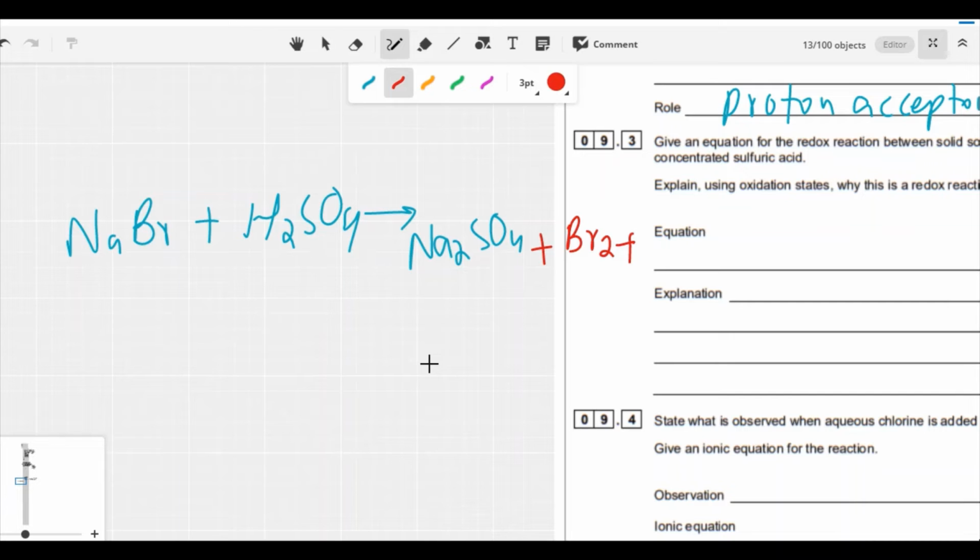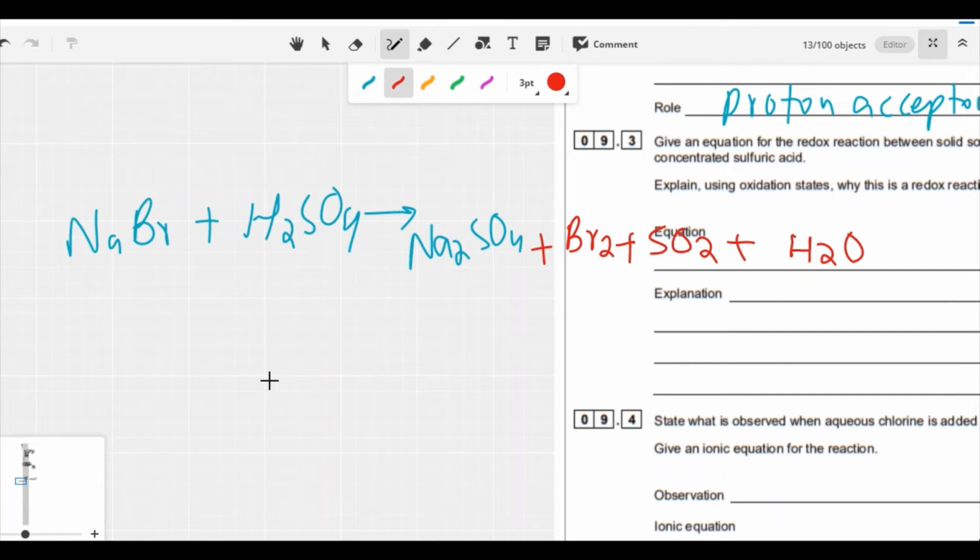The third one is sulfur dioxide gas, and the fourth one is water, because the H2 are also present, that will be combining. So now you can balance the reaction.